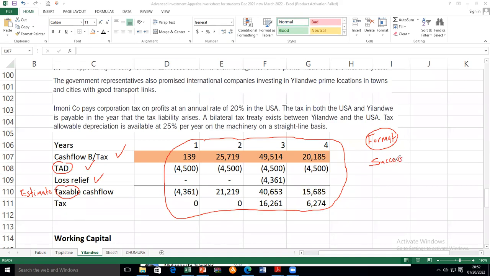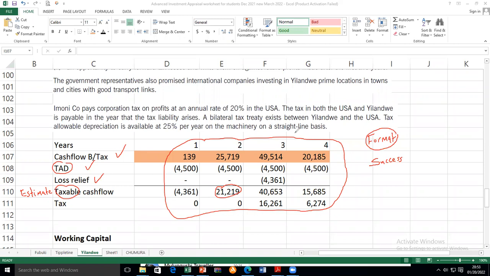But year two there have been that profit, 21. Why didn't we bring in that loss in year 1 to year 2? Because there's no tax payable still here. Oh, okay, because tax is payable in year 3. That is the reason.